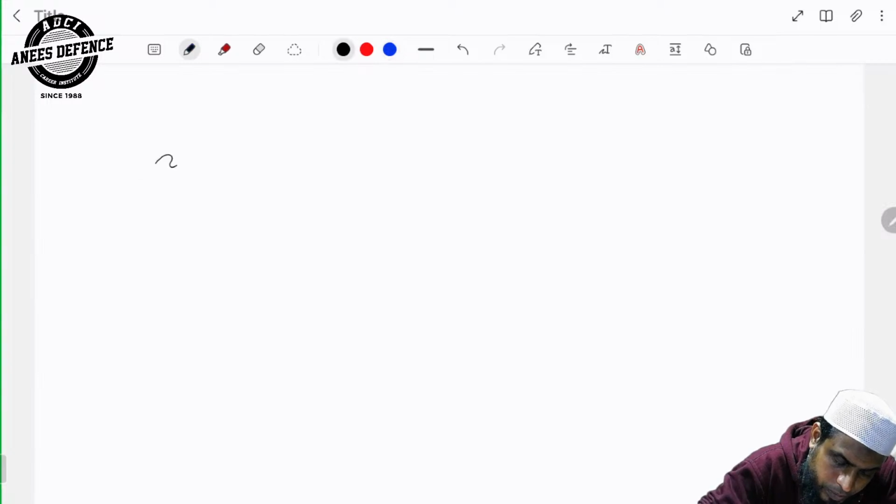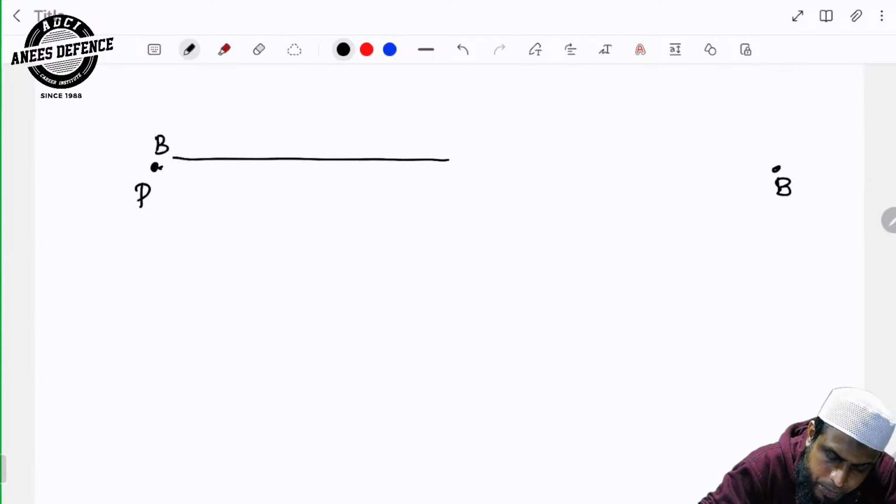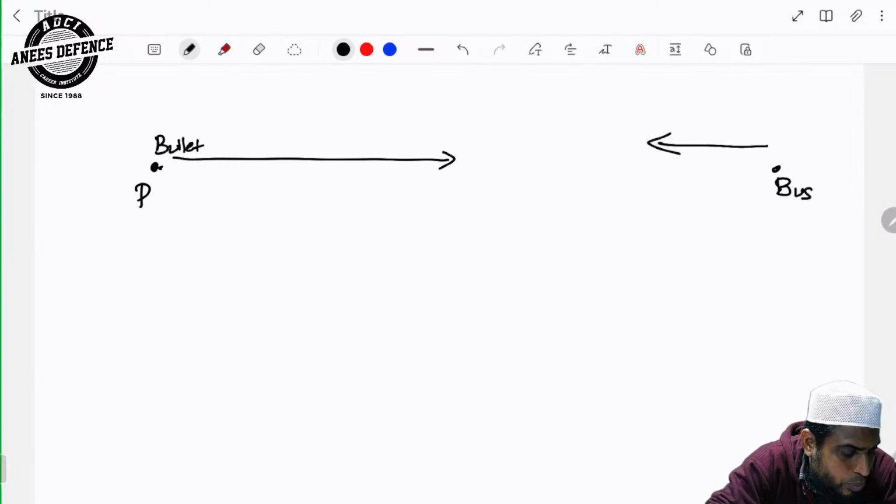Okay, this is the place, and this is the bus. The bullet is fired from here. This is the bus, and the bus is approaching.